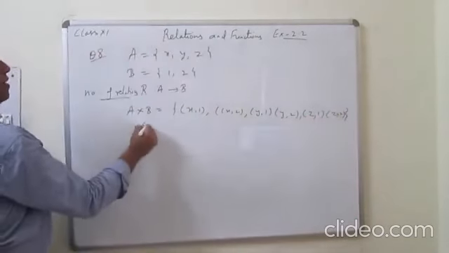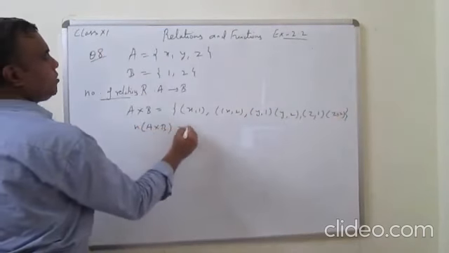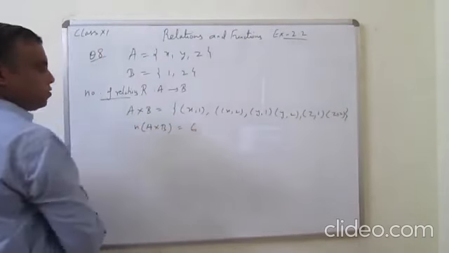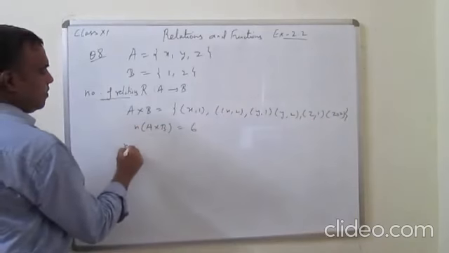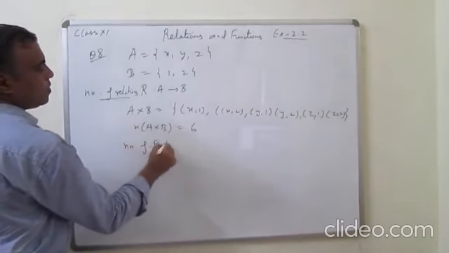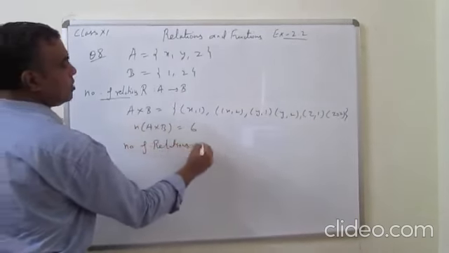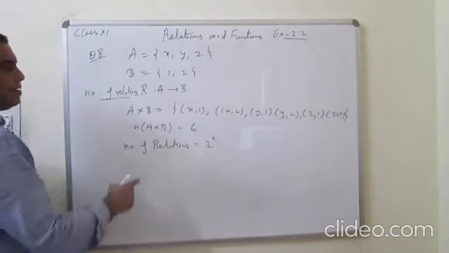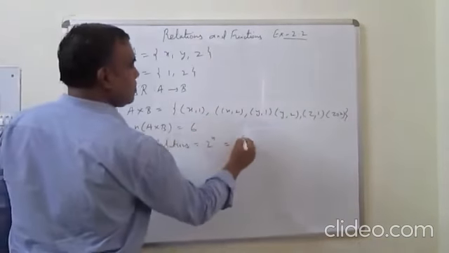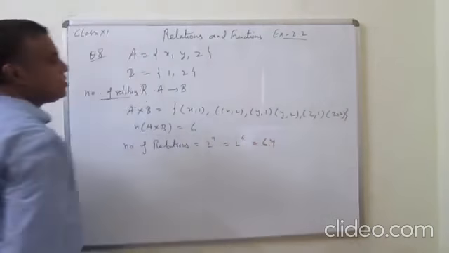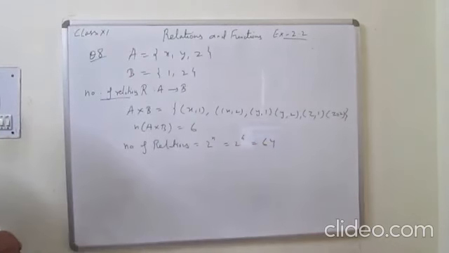So the number of elements in A cross B is 6, that is 2 into 3. Now the number of relations is equal to 2 to the power n, where n is 6. 2 to the power 6 is equal to 64, so 64 relations will be formed.